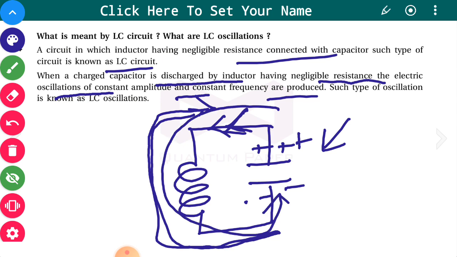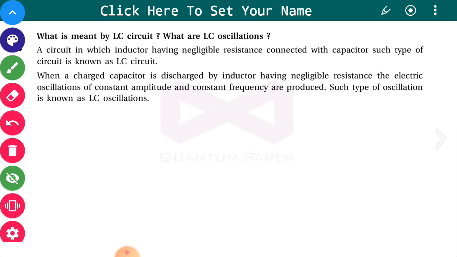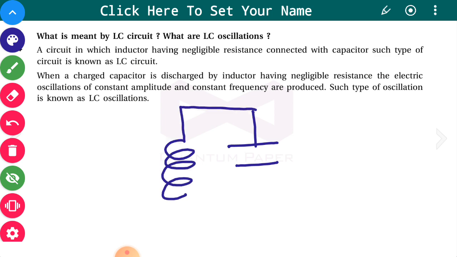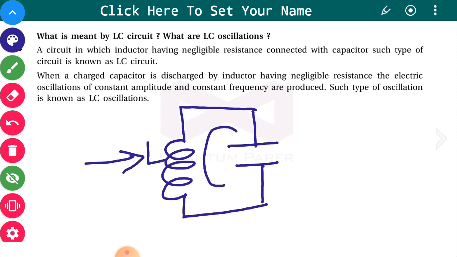So this kind of electric oscillation, or the oscillation of the charge, occurs between the two plates, or we can say the charge oscillates between the two plates of the capacitor through this inductor L. It goes this way, then again it goes this way. So this way the charge is oscillating from one plate to the other via the inductor.